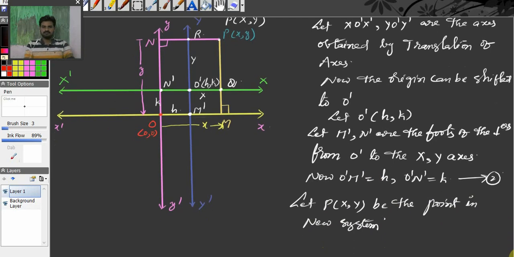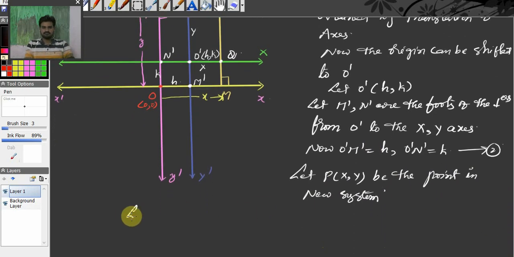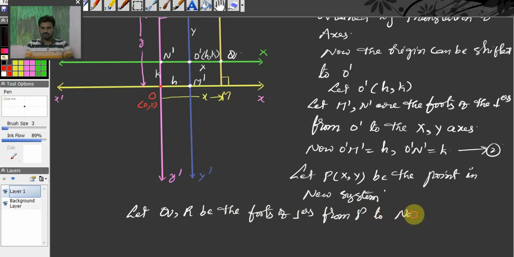Let Q comma R be the foots of perpendiculars from P to the new X comma Y axis respectively. Now capital X is equal to O dash Q and capital Y is equal to O dash R. Now we have to find O dash Q and O dash R.